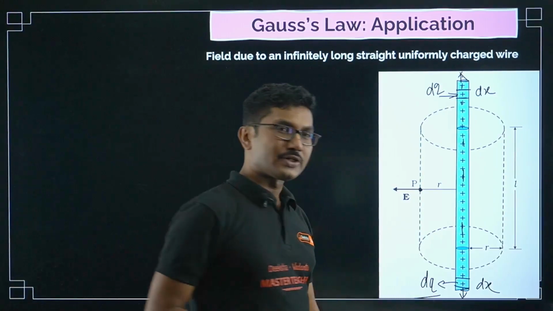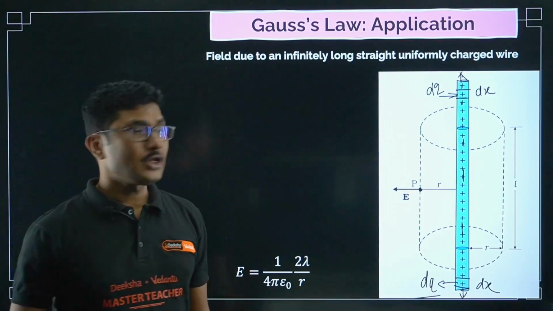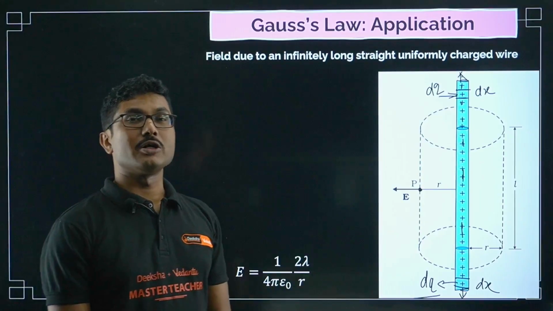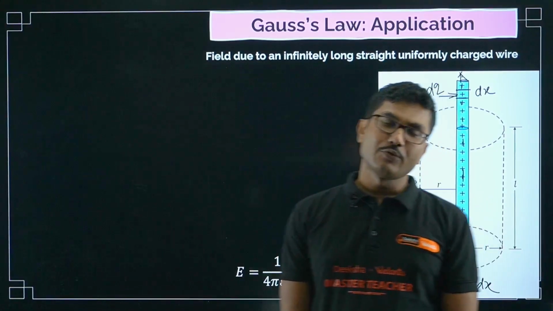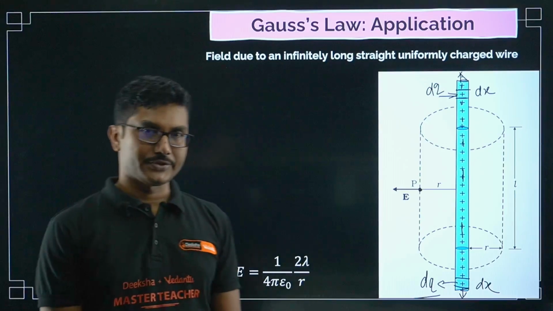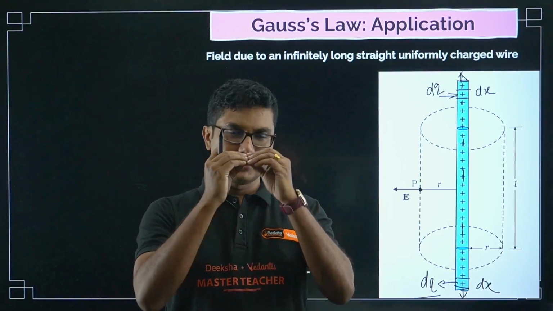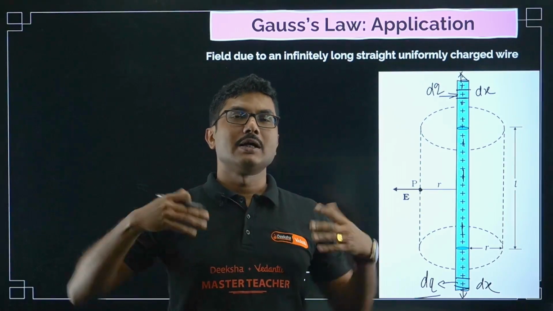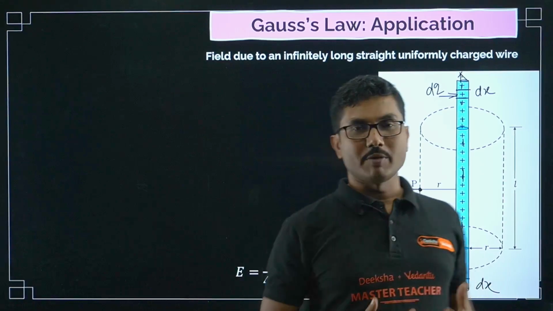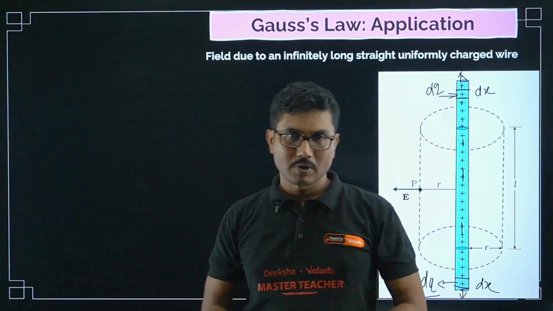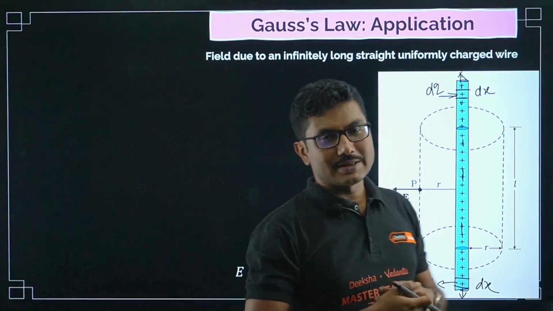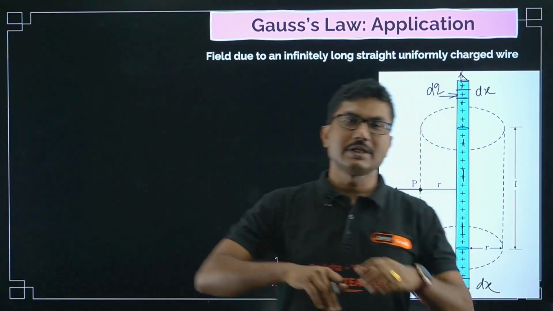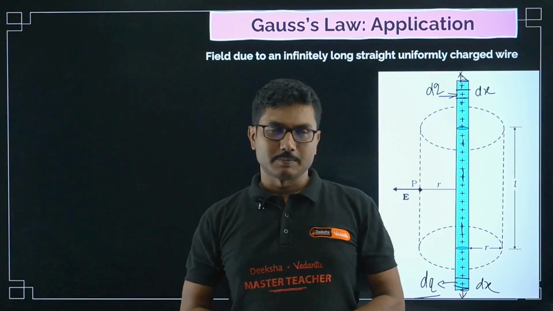Whenever such cases come, we have to construct a Gaussian surface, and we have to find a symmetrical Gaussian surface. Suppose it's a point charge. If the charge is a point, the most common symmetric object is a sphere. We know that a sphere has infinite symmetry, right? So it is a symmetric sphere.